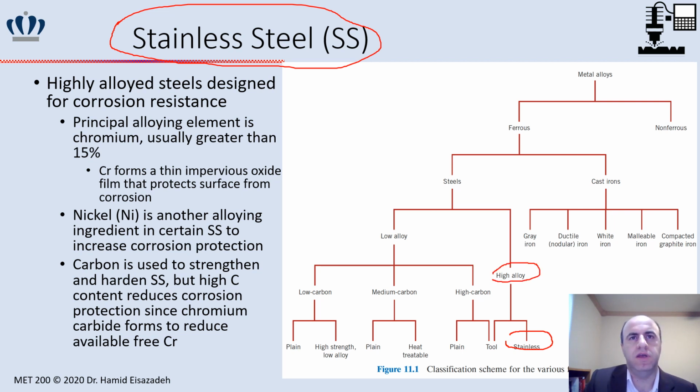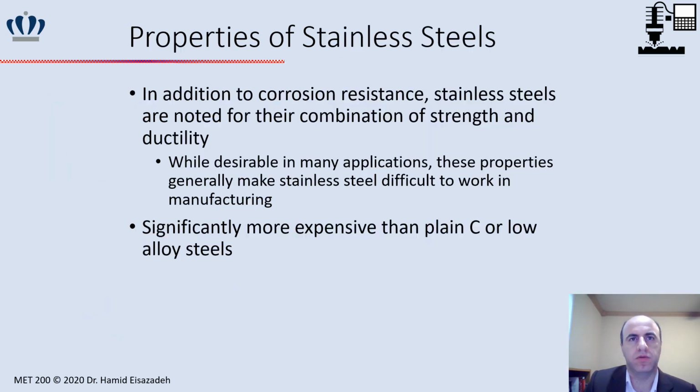In this steel, we use chromium up to 15% or more. Sometimes we can increase the protection of the material against corrosion. Also, nickel can be used to increase the protection, depending on how much chromium and nickel we can use. They have different categories in stainless steel that we discuss in the next slides.